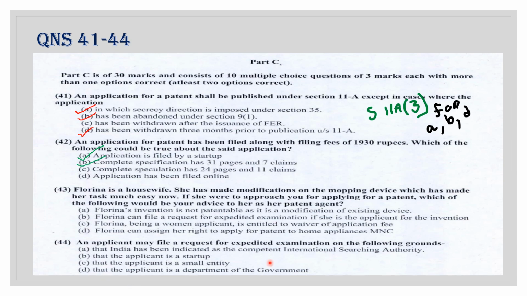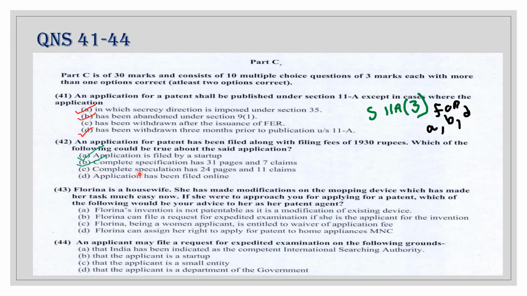Why? Because we know the filing fee for a startup, for that we are confirmed. And option B is complete specification is 31 pages and 7 claims. Actually the number of pages should be 30, and here one extra sheet is there. For one extra sheet 180 rupees is needed, and that's why option B is also correct.